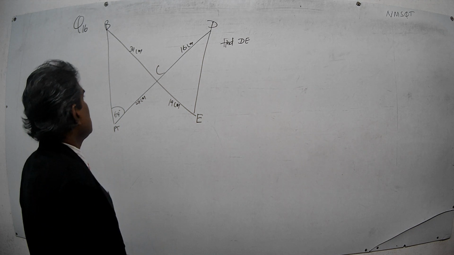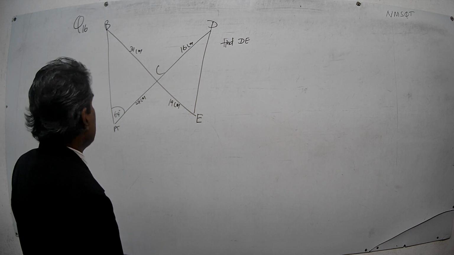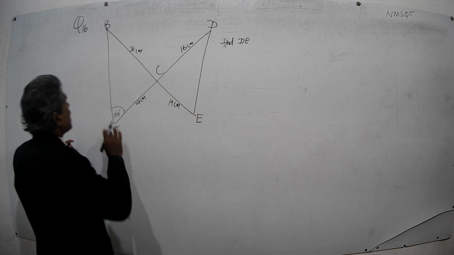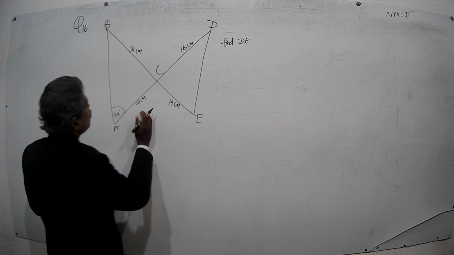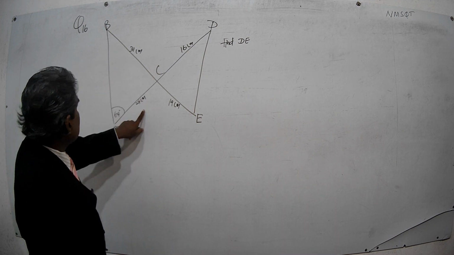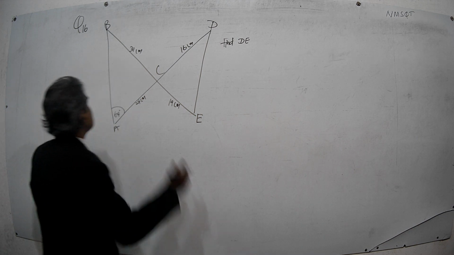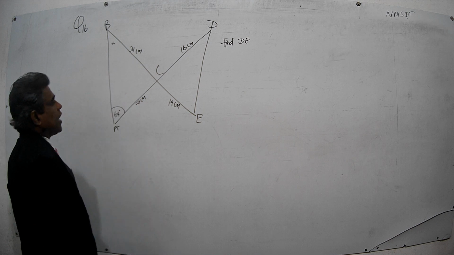There is no other way but to use trigonometry. In triangle ABC, we have been given two sides and one angle opposite one of the given sides, so we can find this angle by using the sine rule.